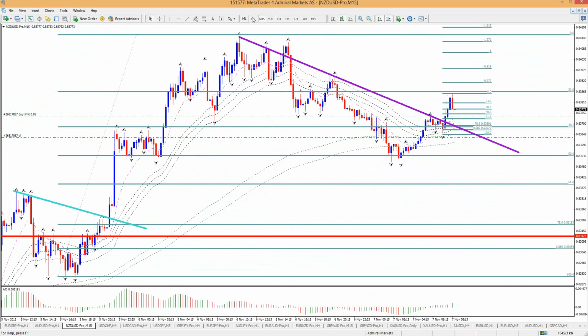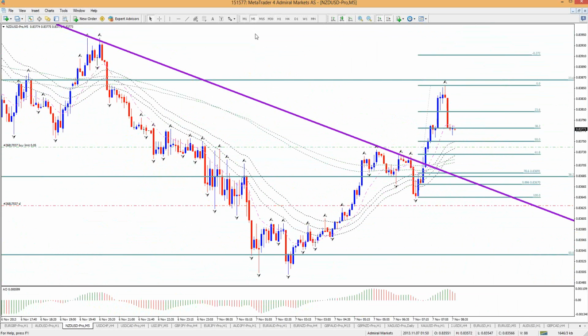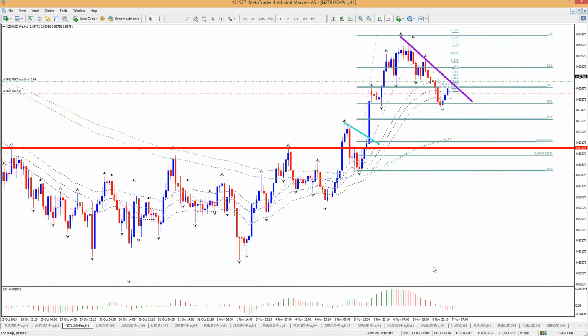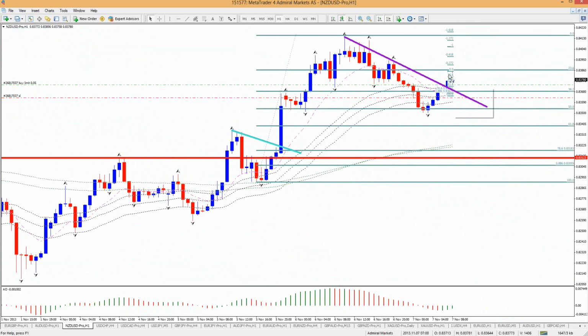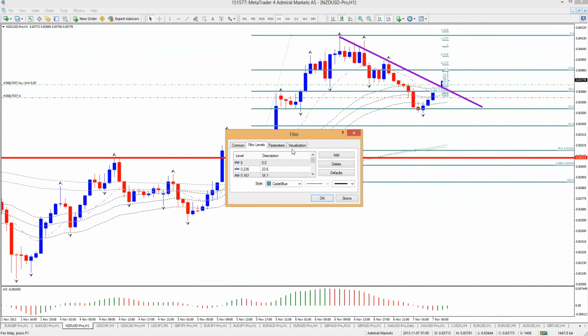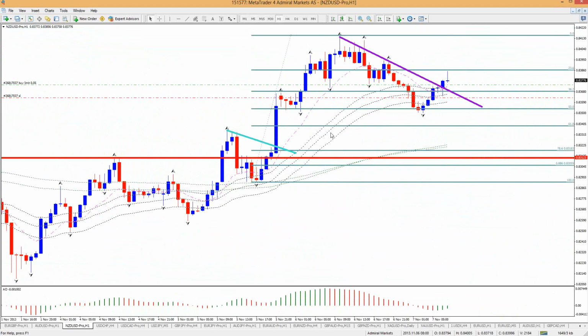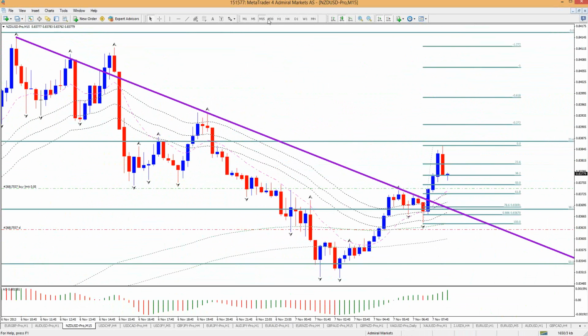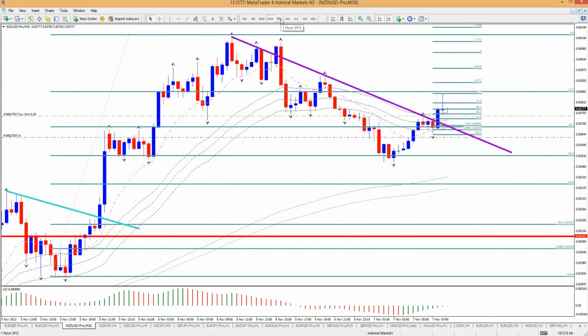I don't know. Let's take a look at the 1 hour chart. I say I don't know because the interest rate will have some influence on it, but I guess the Kiwi could be more quiet in its trading as well. Let me say it this way. The 30-minute has a pretty big wick.